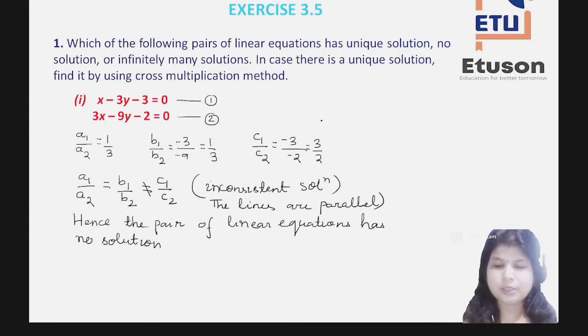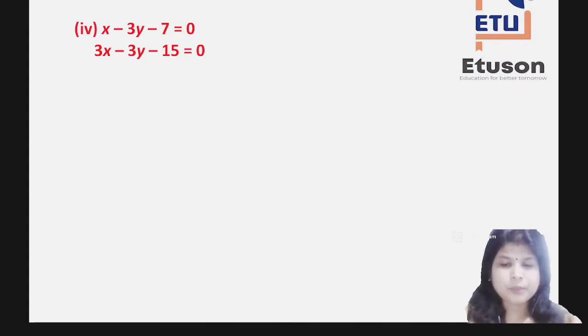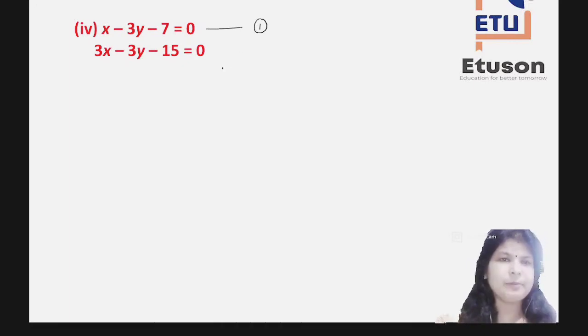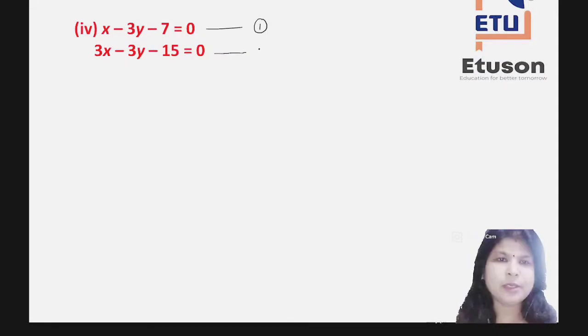Okay. So now let us go to the next one. I have taken bit 4 for you. Here your first equation is x minus 3y minus 7 is equal to 0, and 3x minus 3y minus 15 is equal to 0.